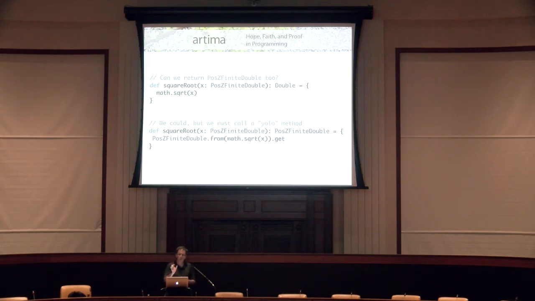Even in the macro, when you just say PosInt or PosFiniteDouble of 42.0, that thing rewrites that code to call from.get. So you create an object on the heap and then throw it away right away, which is just stupid, right? So I realized that I'm going to have to give you a method like that.